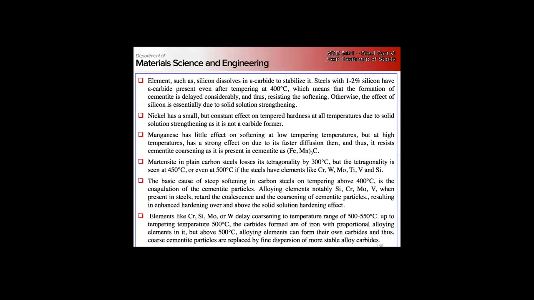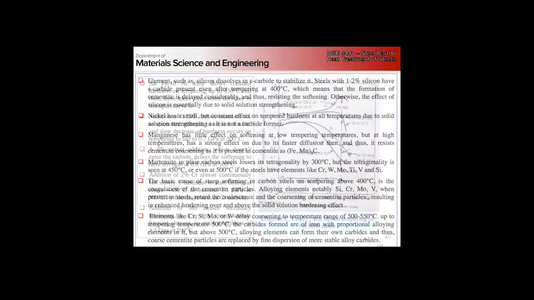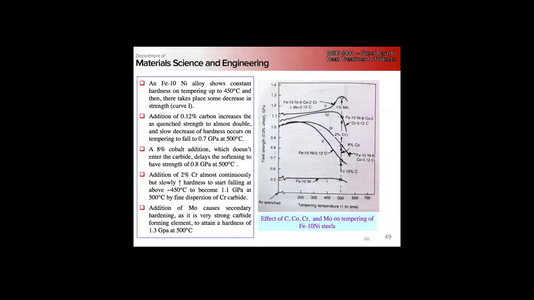So we have different temperature ranges, right? And we can see the effect the different alloying compositions have on the strength as a function of tempering temperature, right? And so, you know, vanadium, right, with a little molybdenum in there, right?